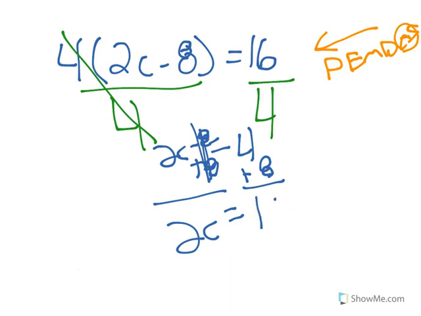So for multiplication and division, the only one would be 2c, and then you divide both sides. It's 6 again, isn't it? It's 6 again. So divide by 2, divide by 2. Yep, it's 6.